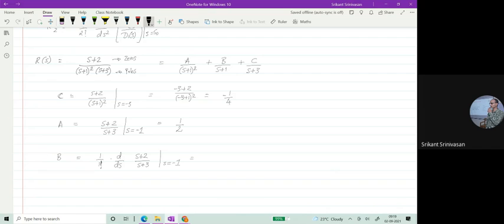So what is the differentiation of u by v? It is (s plus 3) into du minus u dv over v square. (s plus 3) into du is 1 minus u dv.